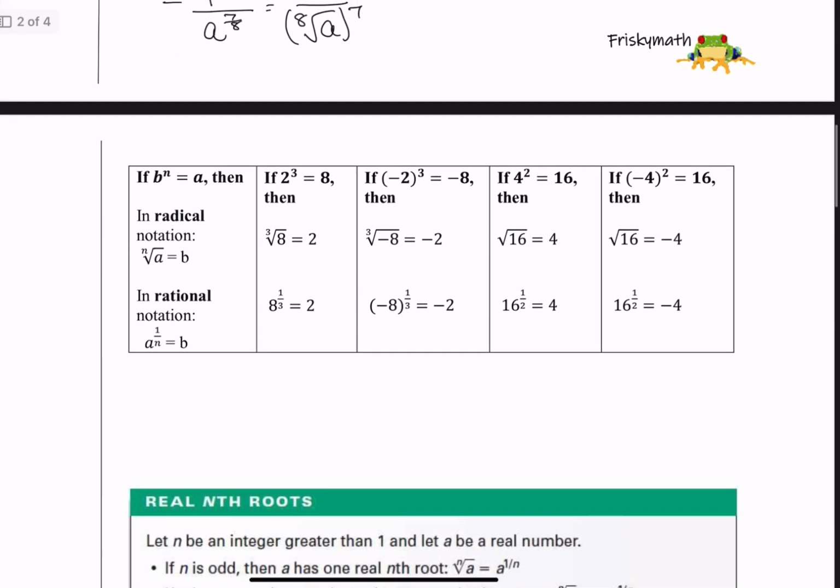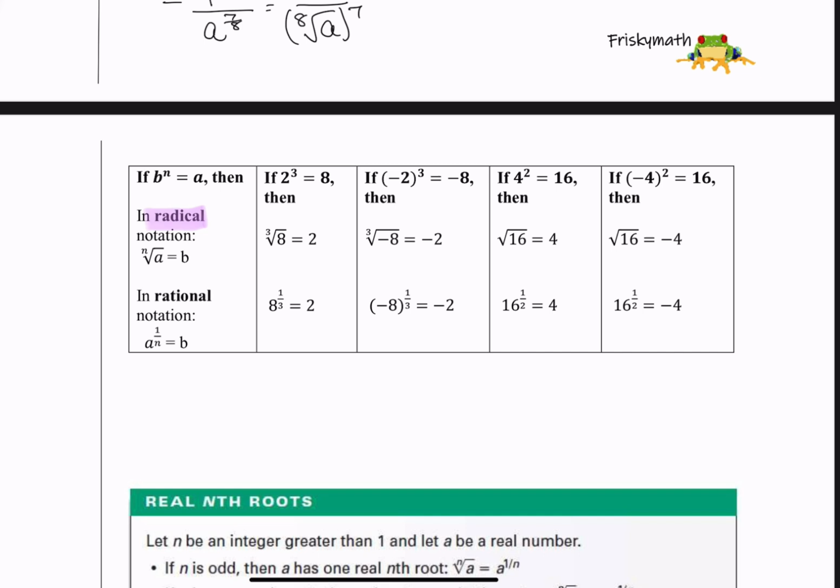So in this next table, I tried to show you the different comparisons between radical notation and rational notation. Radical notation you're very familiar with. That's where you always use that radical sign. And so every column here, I did a different type of example.